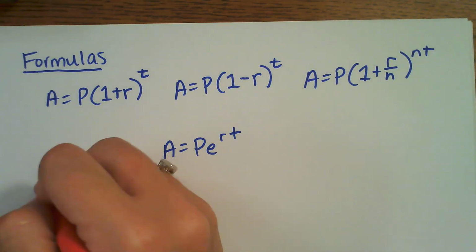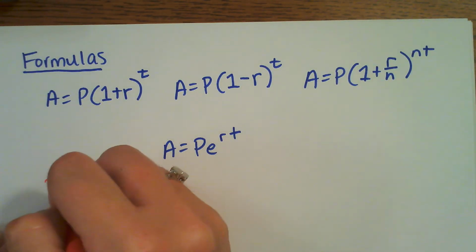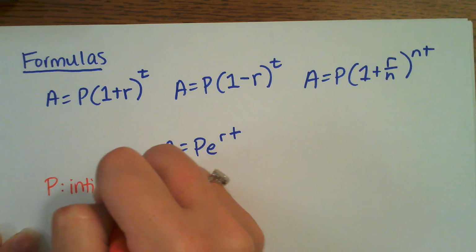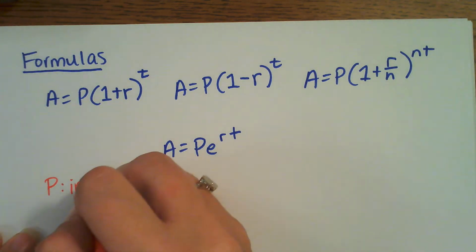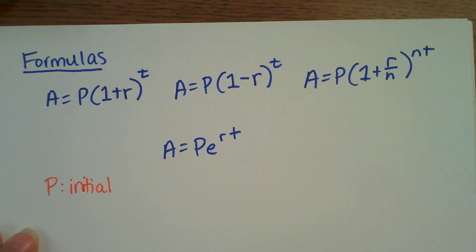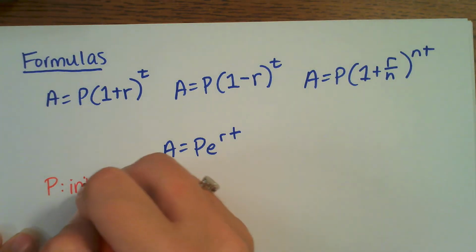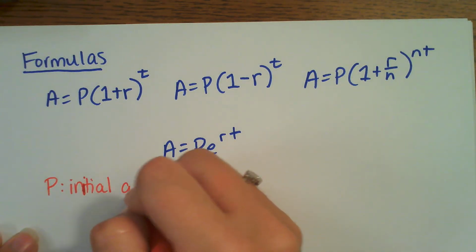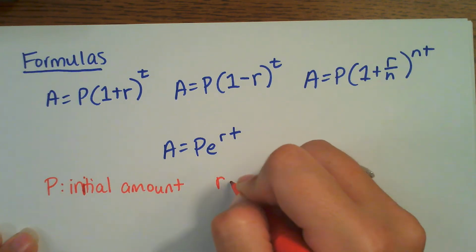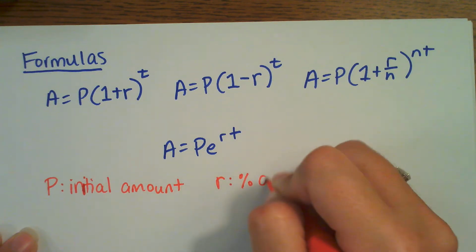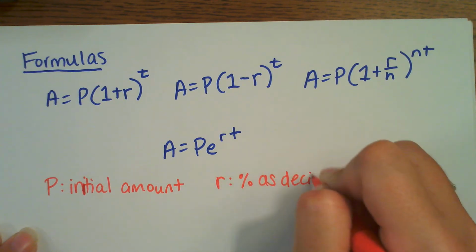All right, so P is always the initial amount. Initial. Sorry, I kind of spelled that wrong. Initial amount. R is the percent as a decimal.